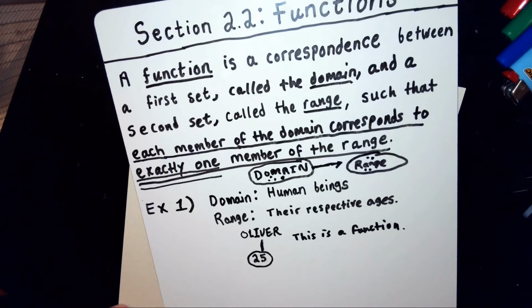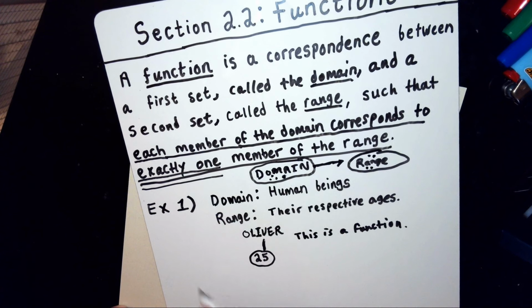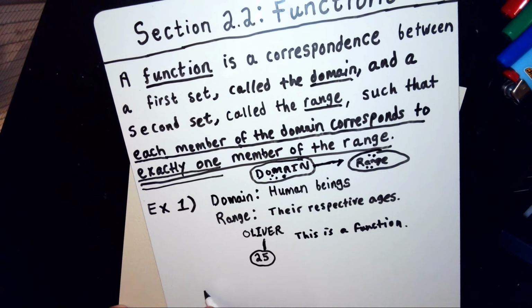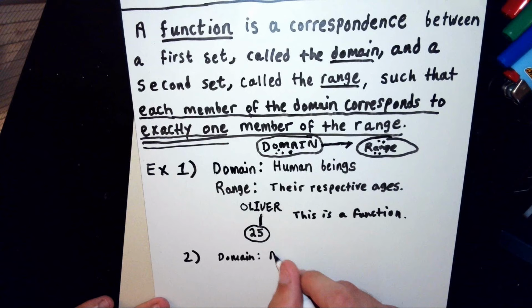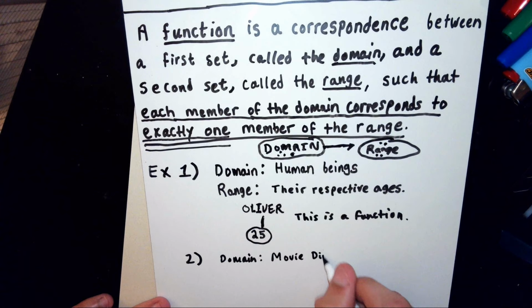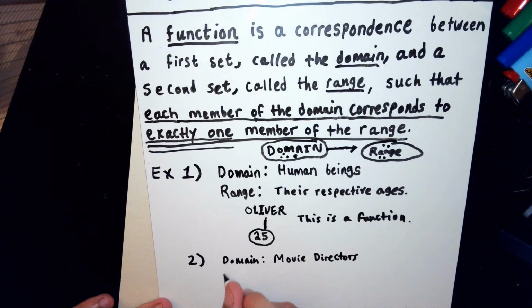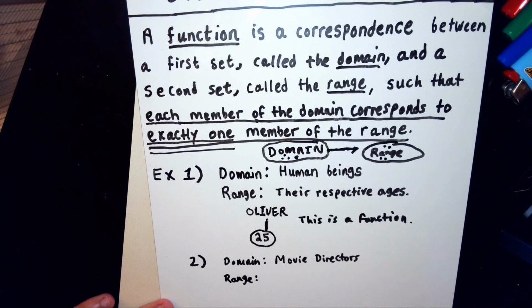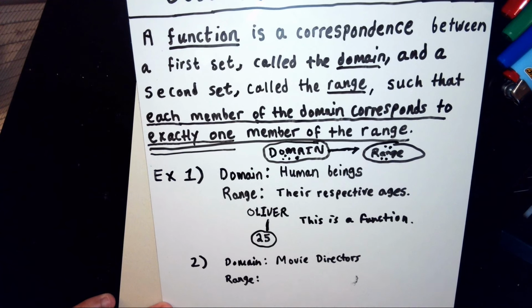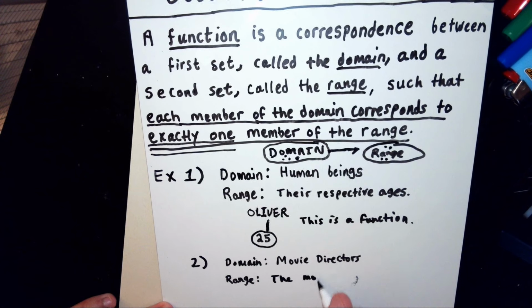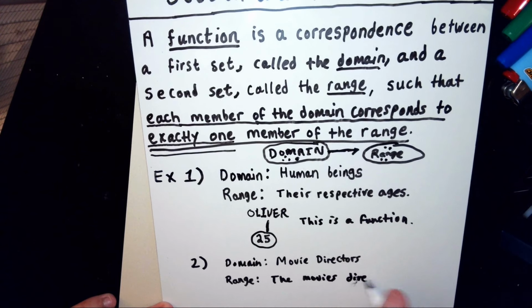Another example. Let's think of one that's not a function, just to see it in contrast to something that is a function. Let's say the domain is movie directors, and let's say the range is the movies directed.